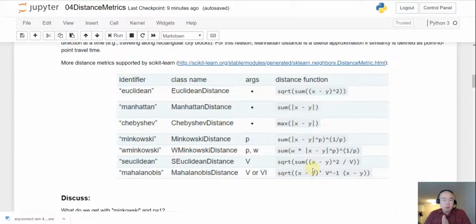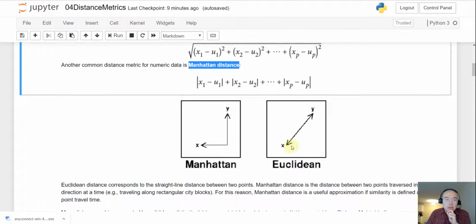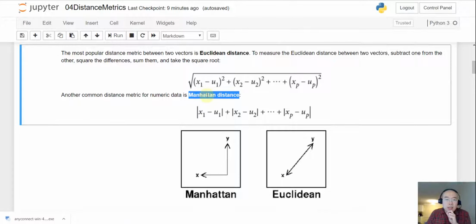The next one I want to talk about is Minkowski. Minkowski is another distance metric, and we have to specify another parameter p. That is another hyperparameter we want to specify. The rule is, if we take the Euclidean distance, instead of doing x1 minus u1 to the power of 2, we can use a higher degree.